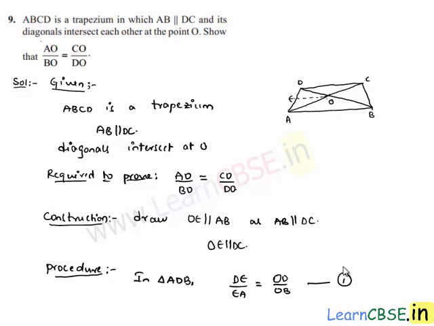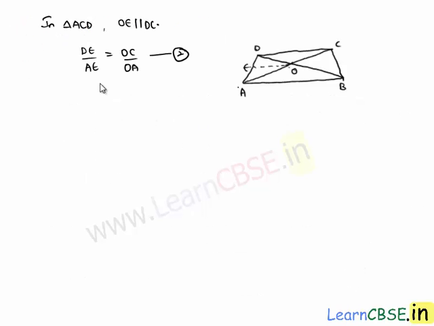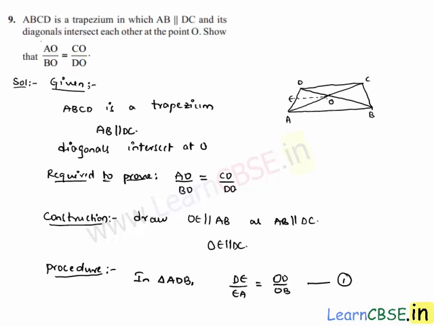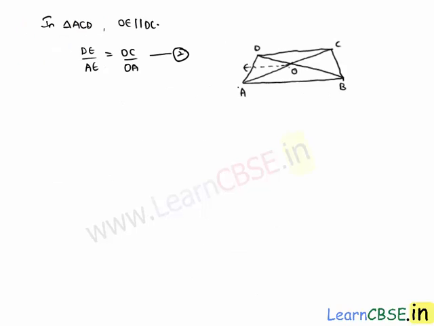Now if we observe equations 1 and 2, here on the left hand side DE by AE is common, so we can equate the right hand side, that is OD by OB is equal to OC by OA, which implies let us send OA this side, then it becomes OA by OB is equal to OC by OD.